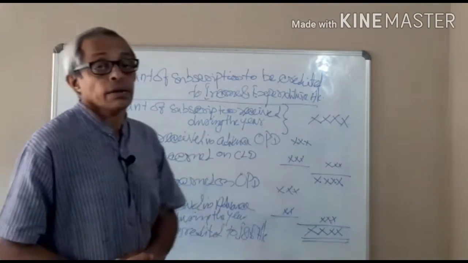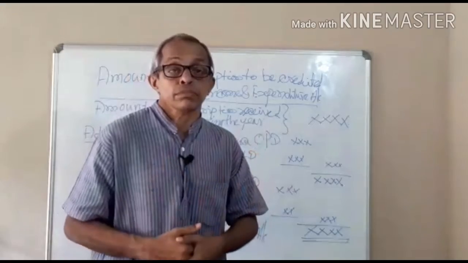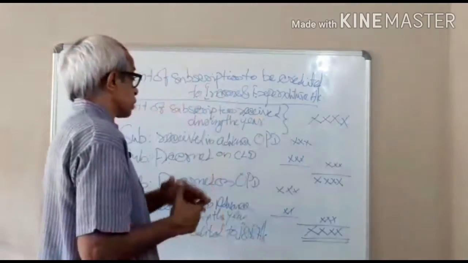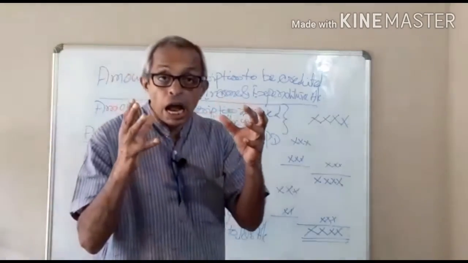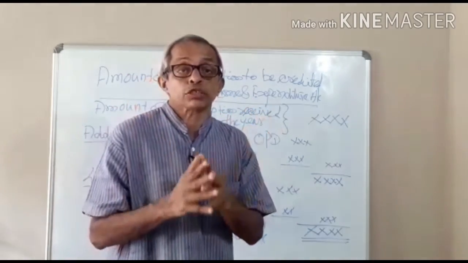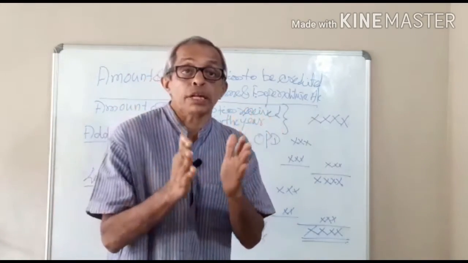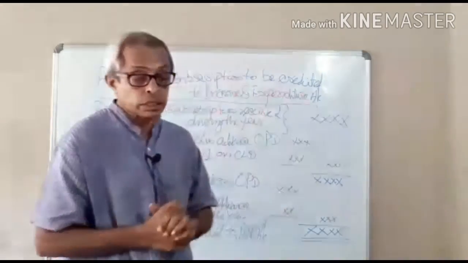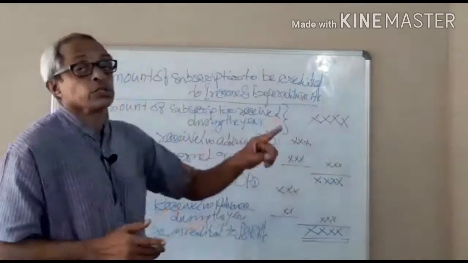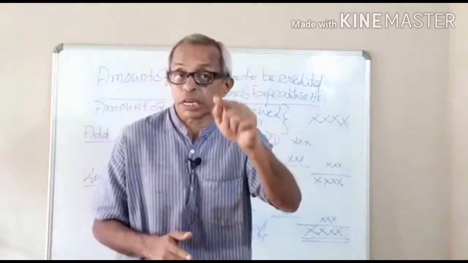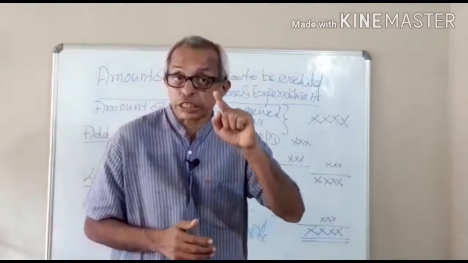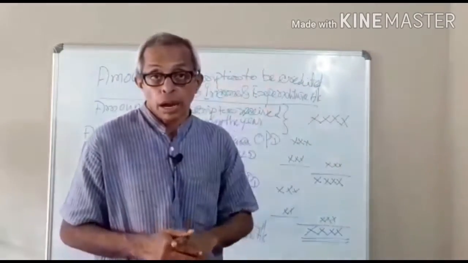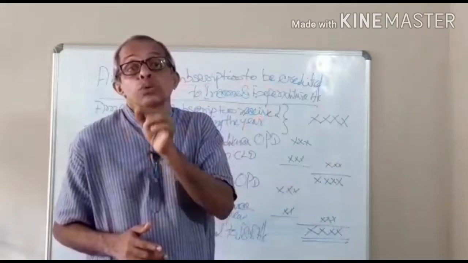And the first item to be added is the opening balance of subscription received in advance. Opening balance of subscription received in advance means the subscription received during the previous year but belonging to the current year.